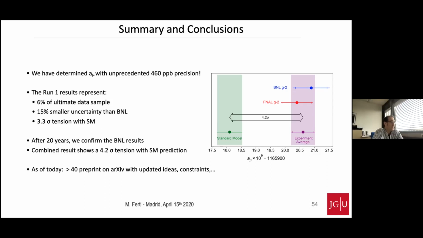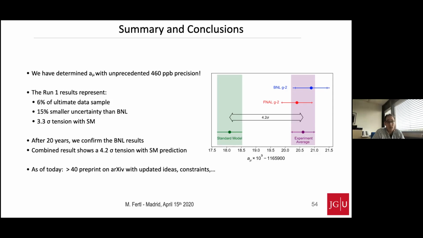Run 1 only represents roughly 6% of the ultimate data sample that we plan to take. We already have a 15% smaller uncertainty than the Brookhaven experiment. And standing alone, we would have a 3.3 sigma tension with the standard model. But really important is that after 20 years, we confirm the Brookhaven results independently, and we can combine these two experiments and have a 4.2 sigma tension with the standard model prediction.